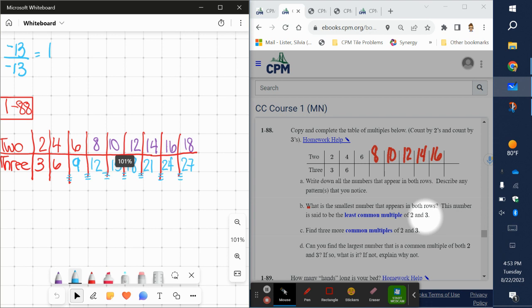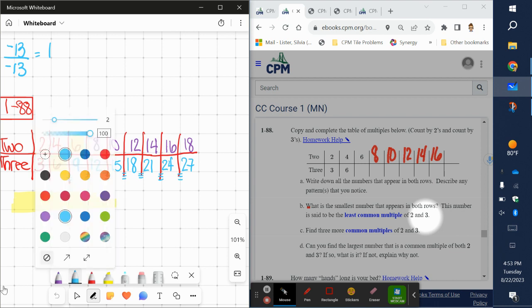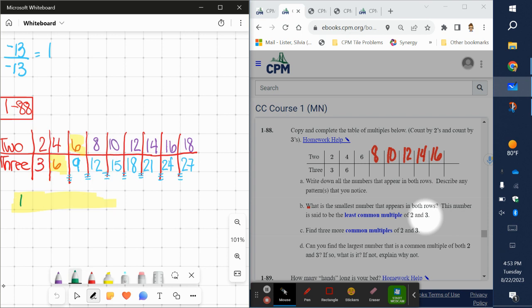And if you're looking at your table, it looks like 6 is the smallest that they both have in common. So I'm going to write down that 6 is the least common multiple. And we usually use the letters LCM.